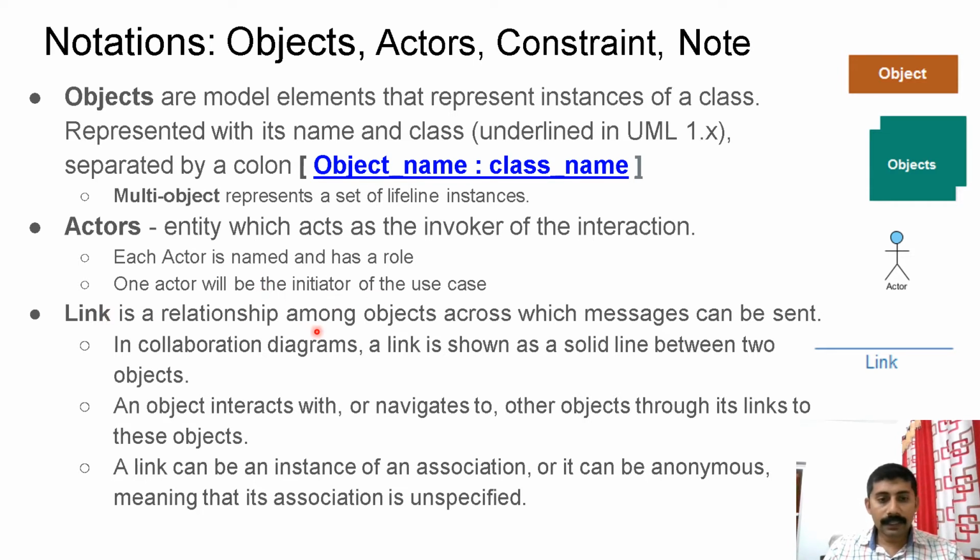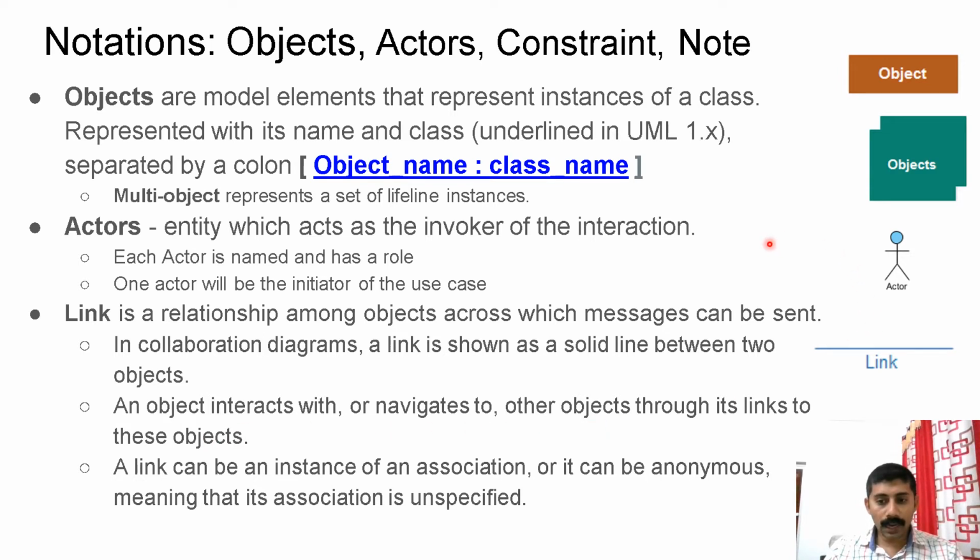Link. Link is the relationship among the objects across which messages can be sent. In a collaboration diagram, a link is shown as a solid line between two objects. An object interacts with or navigates to other objects through its links to these objects.